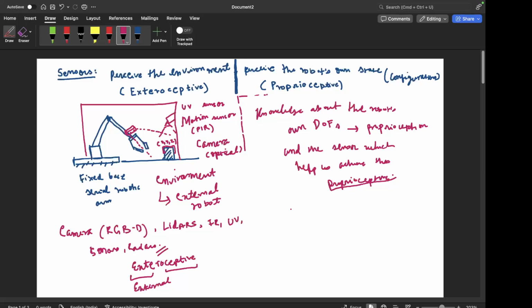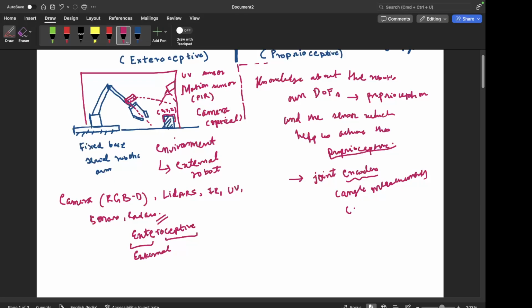And here the two common sensors that are used are joint encoders, or basically encoders. These are for angle measurement. In a revolute joint, they give all the angular information of the joint, so basically joint angle, joint velocity, all these things. Then the other is inertial sensors.